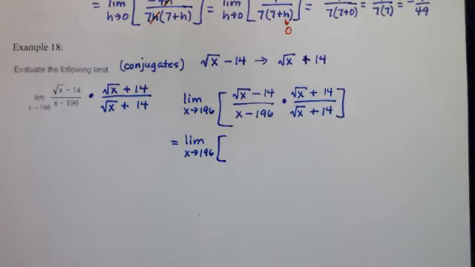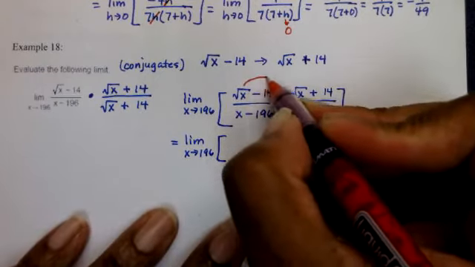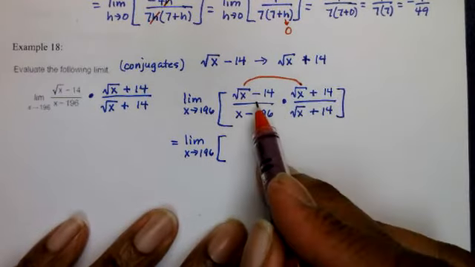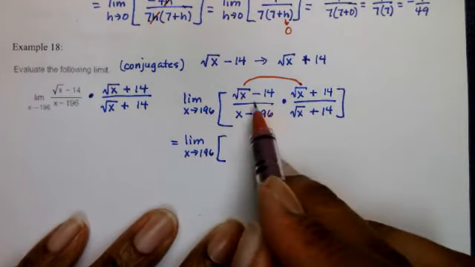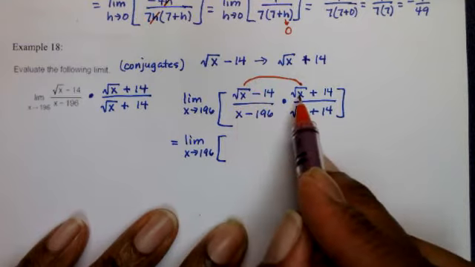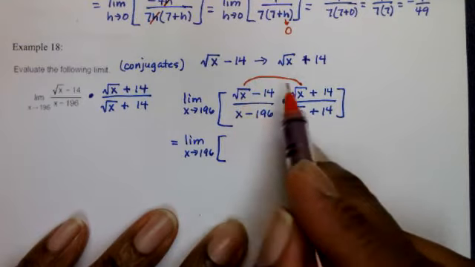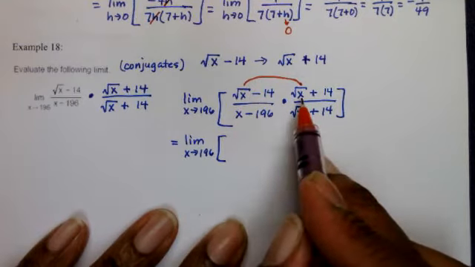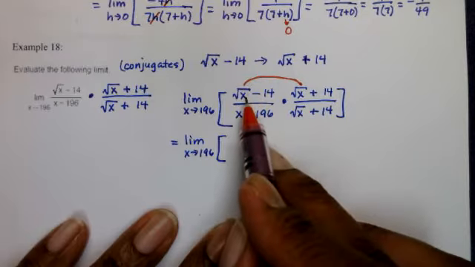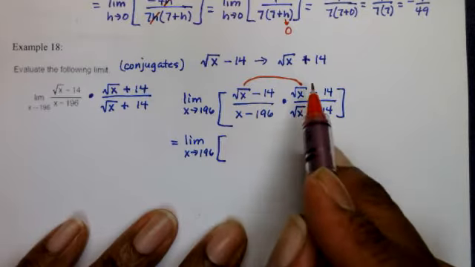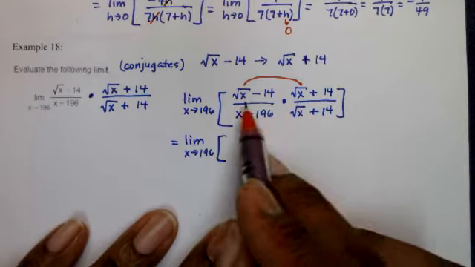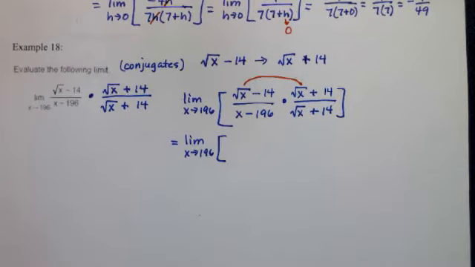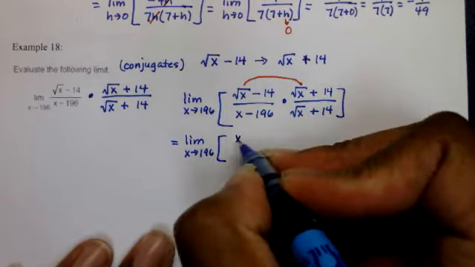Now you're going to see why I multiply by the conjugate, because this is what you do. You have the sum and the difference of the same two terms. What you do there is square the first term, the square root of x times the square root of x. If you take the square root of something and multiply it by itself, it eliminates the radical. You'll be left with what's underneath it, just x.